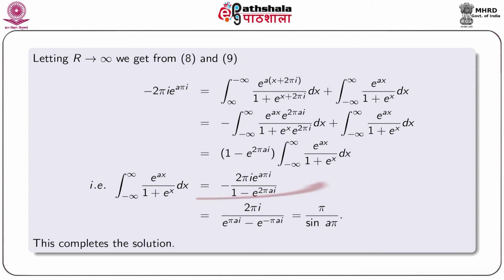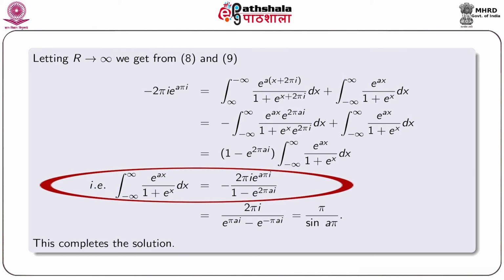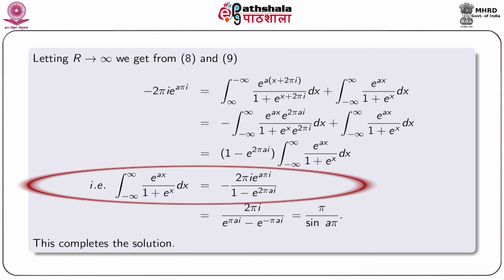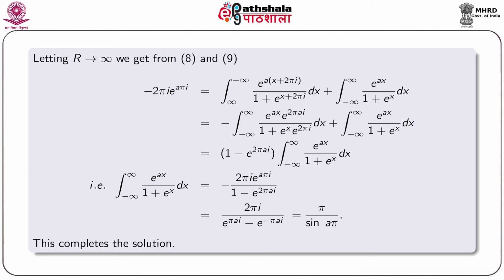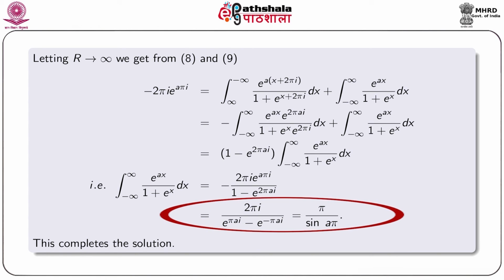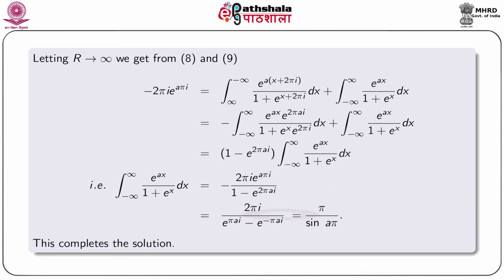That is, the integral from minus infinity to infinity of e to the power ax by 1 plus e to the power x dx equal to minus 2 pi i e to the power a pi i by (1 minus e to the power 2 pi ai), which is equal to 2 pi i by (e to the power a pi i minus e to the power minus a pi i), and this is equal to pi by sine a pi.